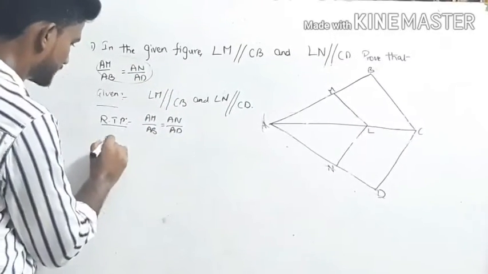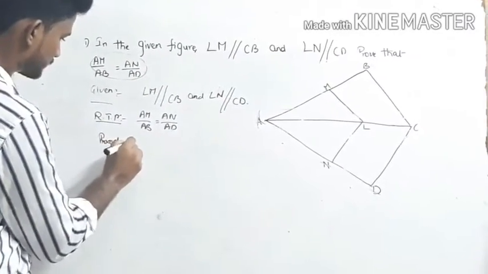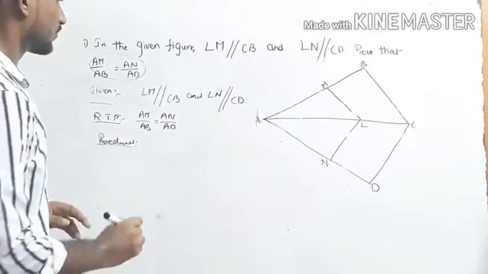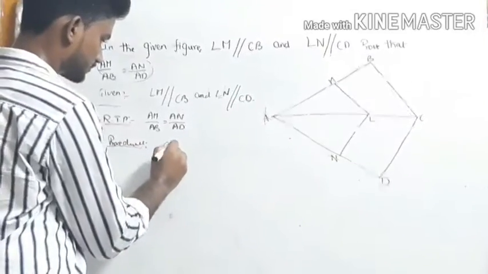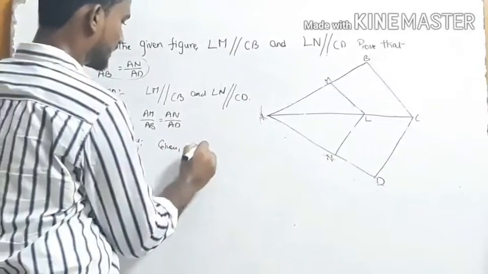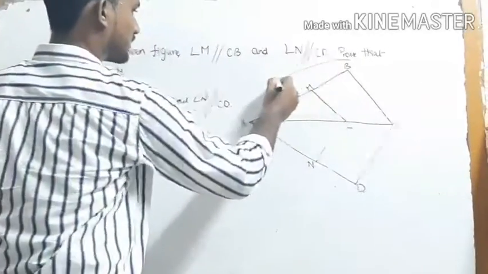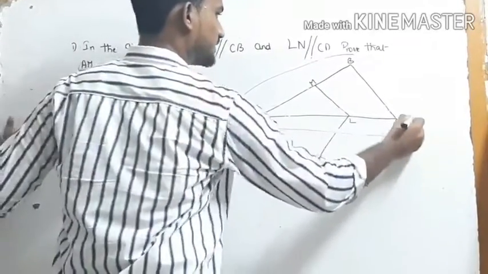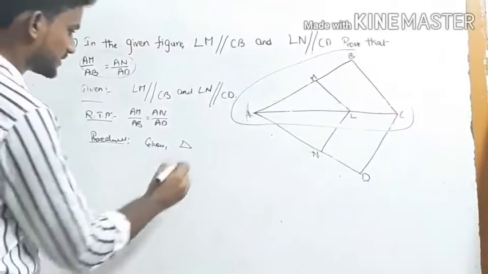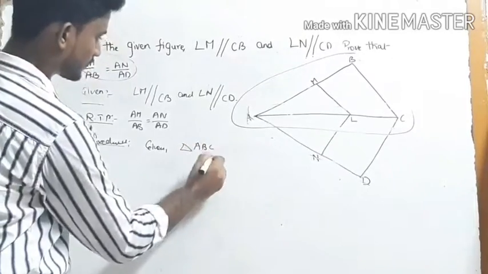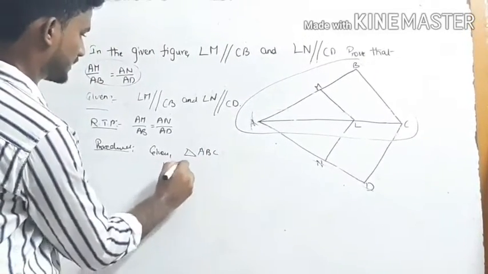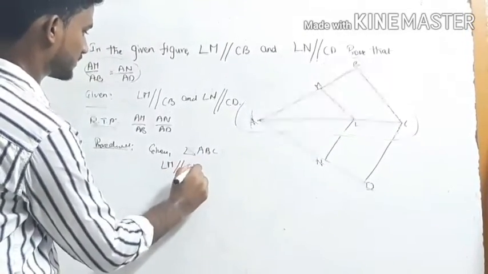And the procedure: from the triangle ABC, it is given LM is parallel to CB.